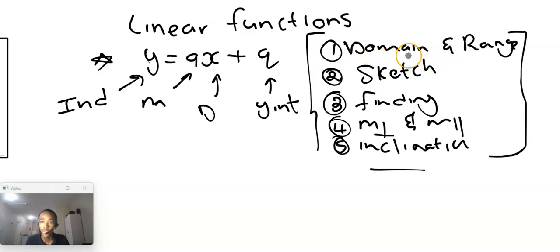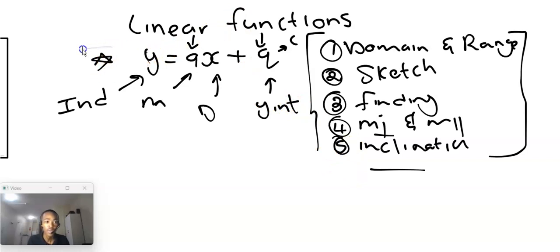So when dealing with function, they can ask 5 different things, right? They can either ask you the domain, the range of the function, sketch the function, finding the missing variable, in this case maybe finding the gradient, or q, also written as c, right? Finding the missing variables, looking at the perpendicular and parallel variable gradient, and then of course the inclination, right?